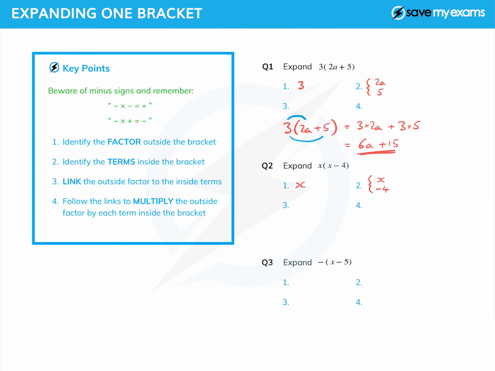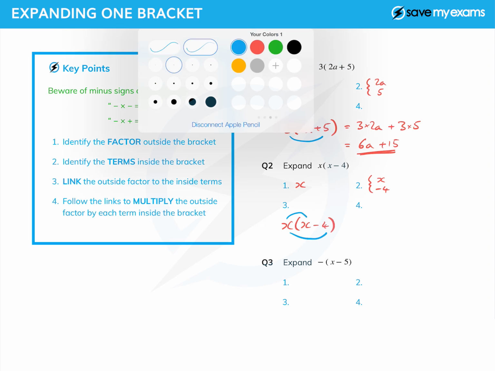Right, now what do we do? Well, let's write out the question again, x times (x minus 4), and link the factor outside, which is that first x, to the two terms inside. So x gets linked to x inside, and then x to minus 4.